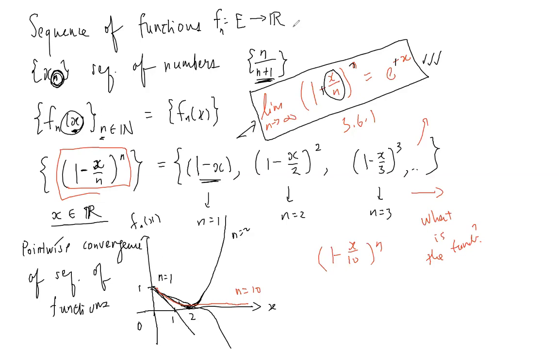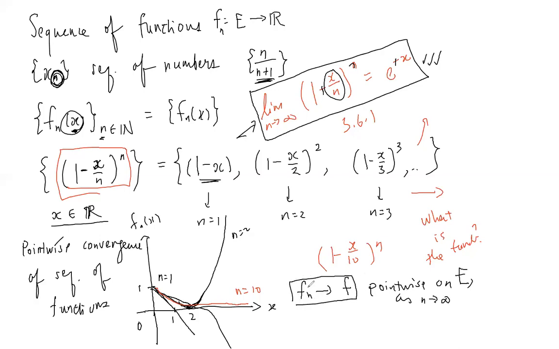It is said to converge pointwise on E. So we write f_n converges to f pointwise on E as n tends to infinity.